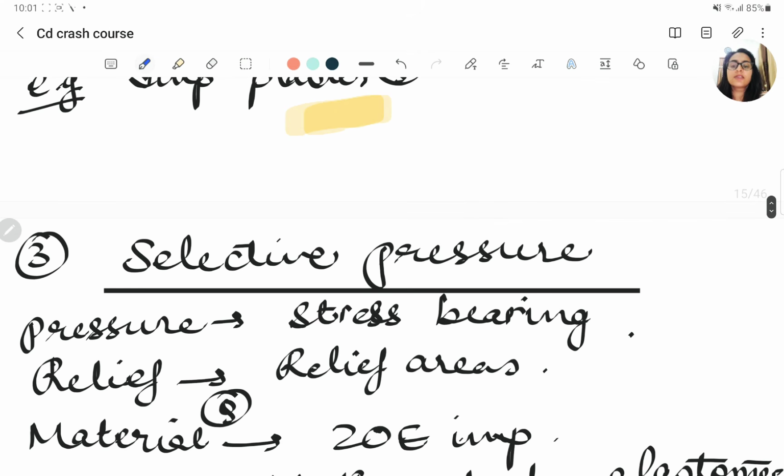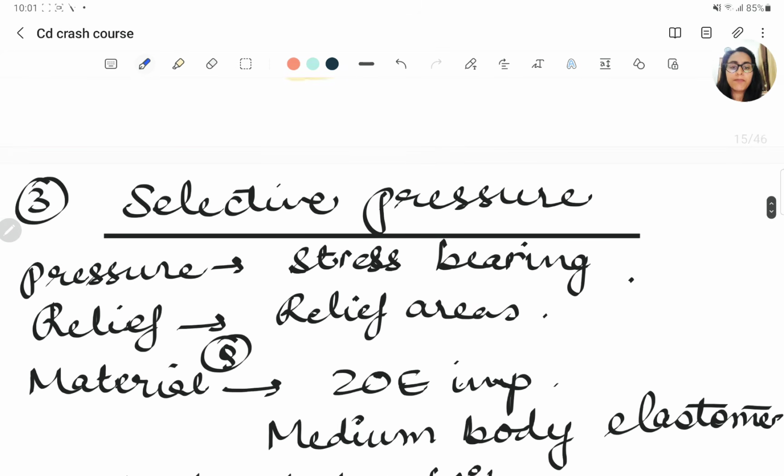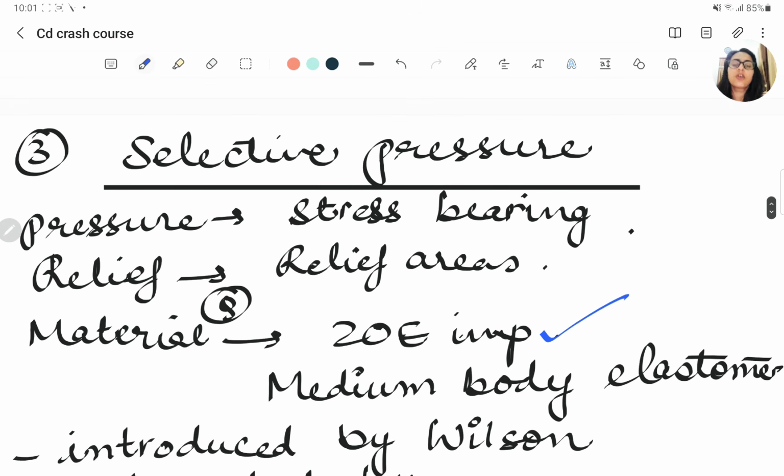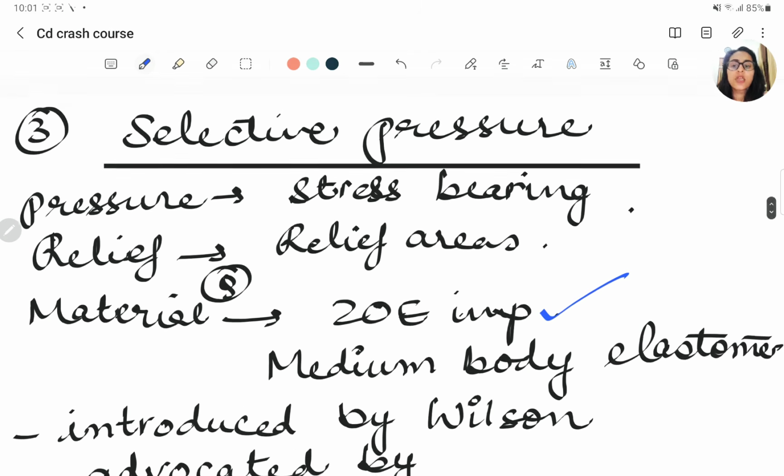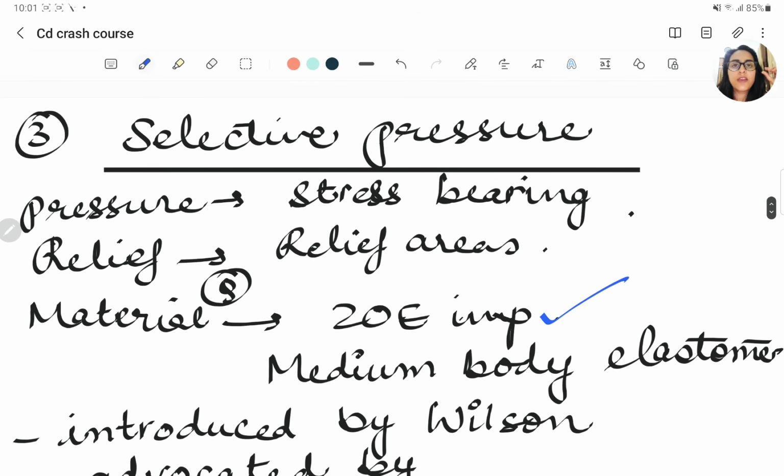The selective pressure technique is when we apply pressure on the stress bearing areas and we relieve the relief areas. The impression material is going to be zinc oxide eugenol. The secondary impression which we take is our selective pressure, because we take wax spacers and apply them in the relief areas. The wax spacer is applied in the incisive papilla, mid-palatine raphe, and all these are the relief areas, right?